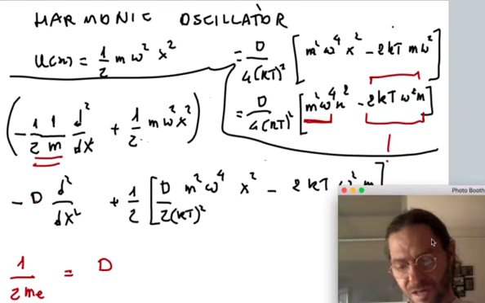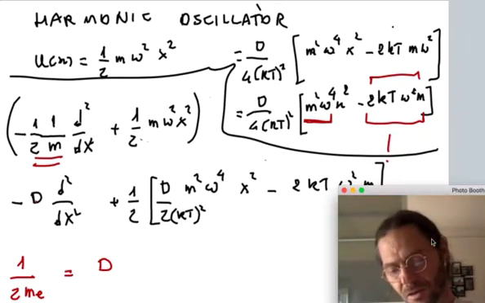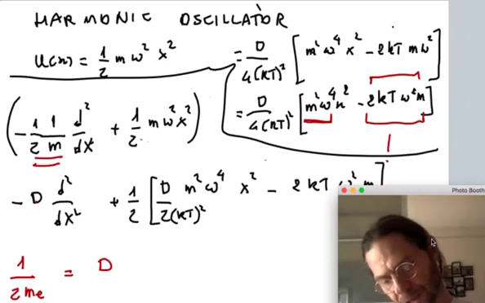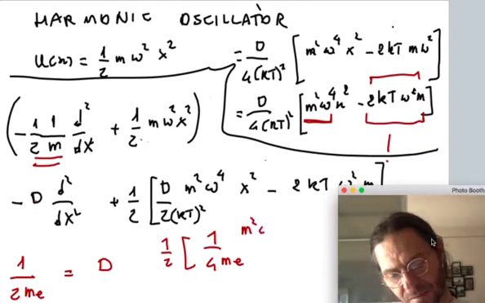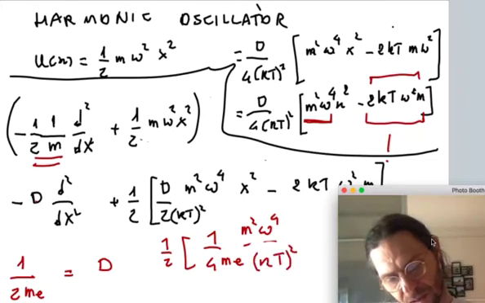Which means that everything goes as if here I would replace this with my effective mass. So this here I could write as 1/4, and then m is the physical mass, and 2kT, then I have x squared and minus 2, and so on.